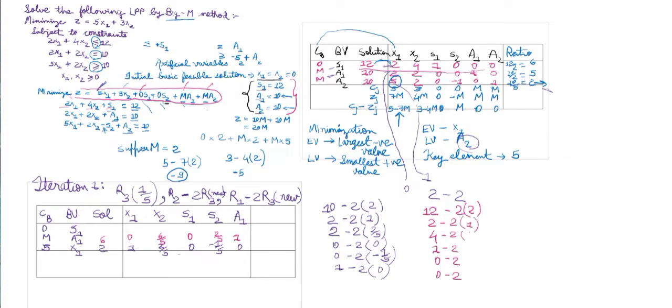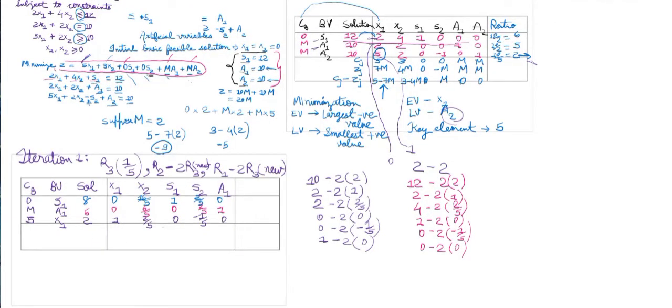One thing you might have observed is that here I have written up till A1. Why? Because A2 is our leaving variable, so we won't write it again in this table. So it will be x1, x2, s1, s2 and a1. We'll keep it till there only.